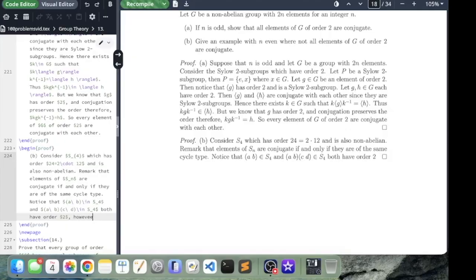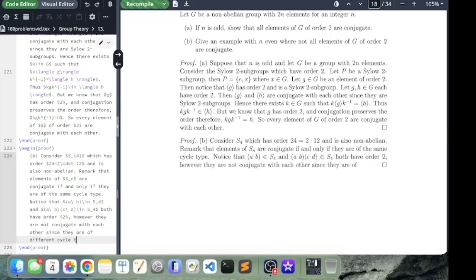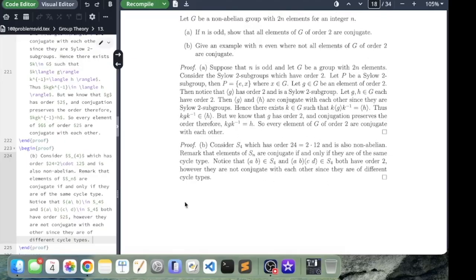However, they are not conjugate with each other since they are of different cycle types, one being a transposition, the other being a double transposition. But you can never conjugate a transposition to get a double transposition, and likewise. Thus we are finished with B.